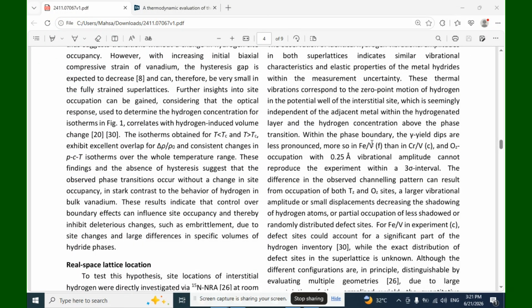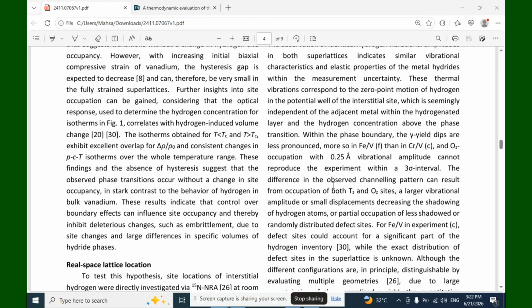Within the phase boundary, the yield dips are less pronounced, more so in Fe than in Cr, and the oxygen occupation with the 0.25 vibrational amplitude cannot reproduce the experiment within a 3 sigma interval.